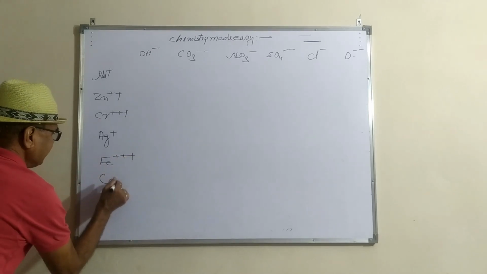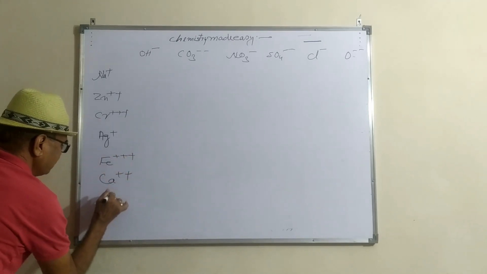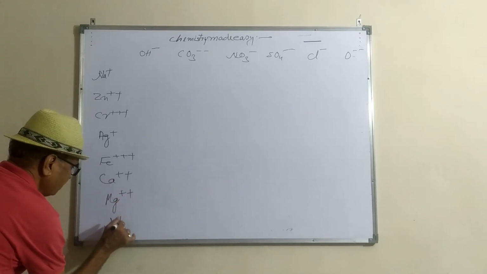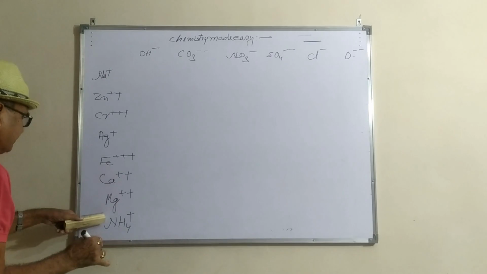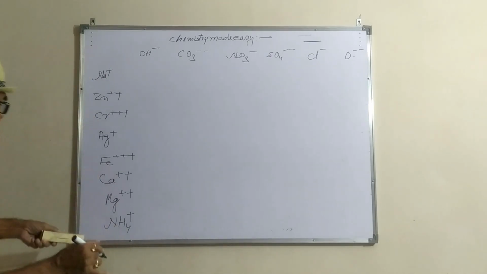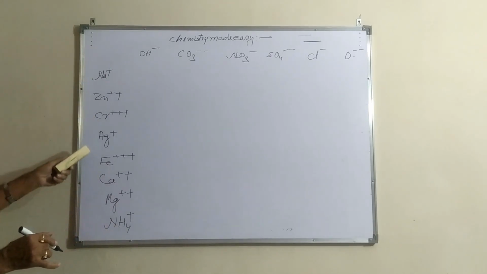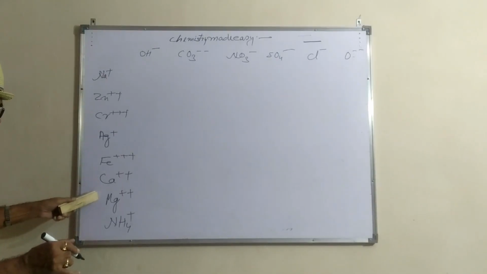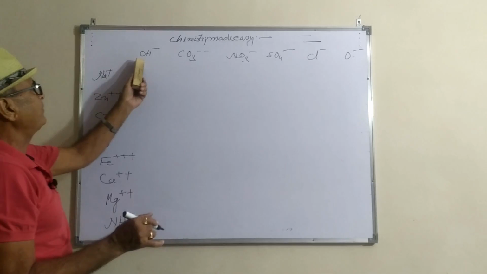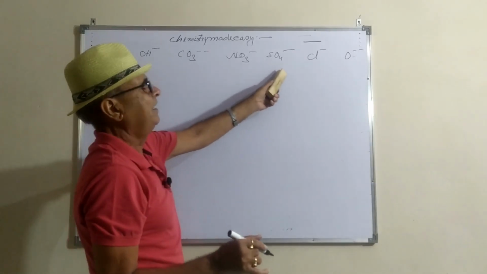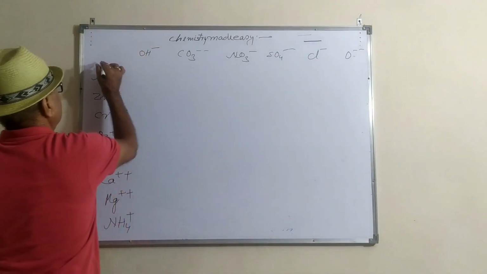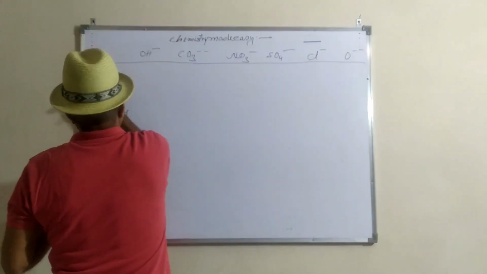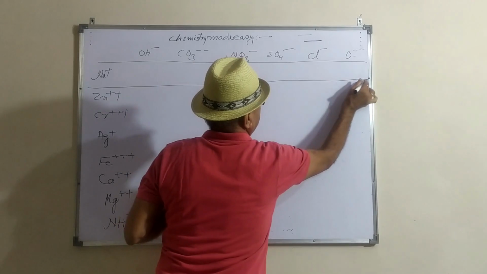Here you can take calcium double positive, magnesium double positive, and ammonium 1 positive. I have taken 8 cations and 6 anions. You have to make a table like this with a scale.